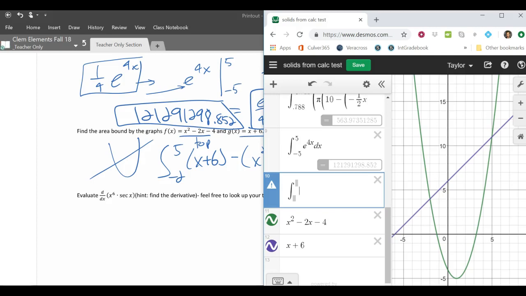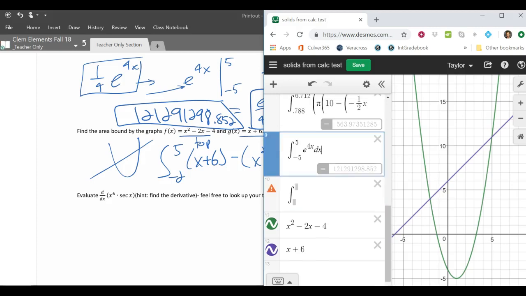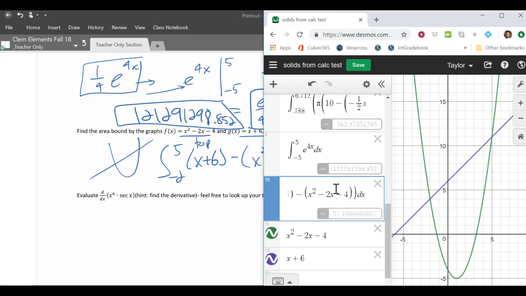One moment. Okay. So that would give us the integral from negative 2 to 5 of x plus 6 minus x squared minus 2x minus 4 dx.